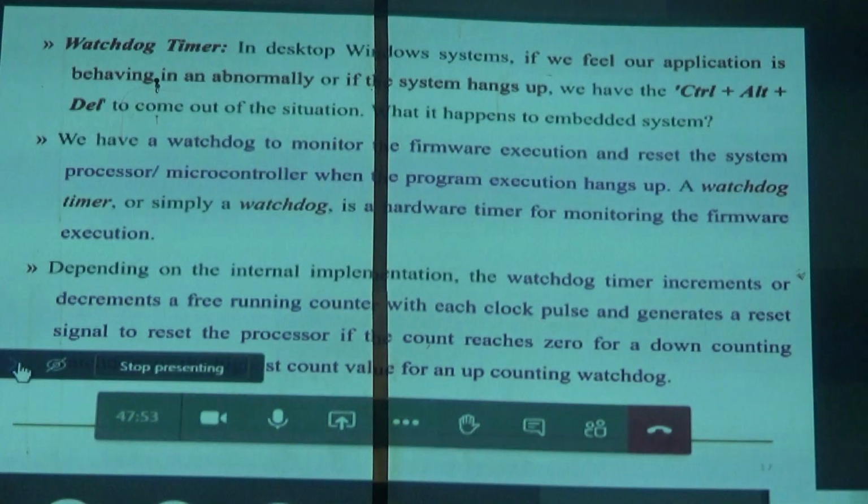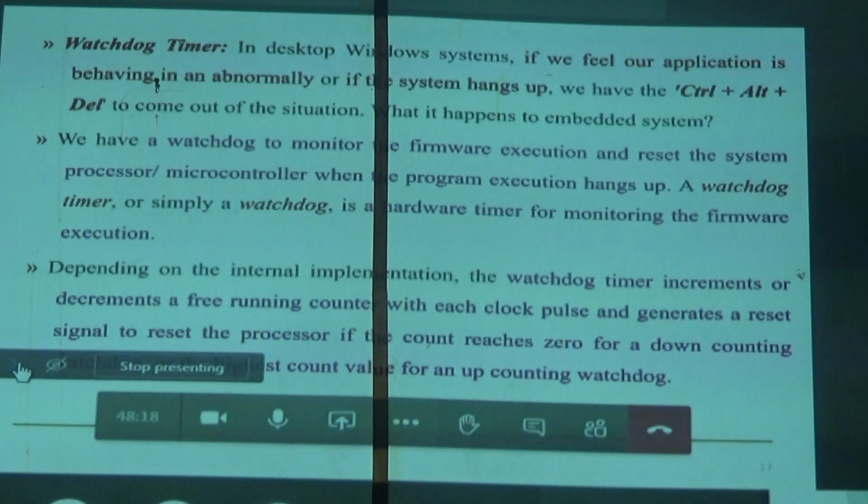Now, a very important concept that any embedded system has is the watchdog timer. This is a timer that is continuously running once it is preset. Take the example of your mobile device. If you switch on your mobile, or press the on button, it turns on.